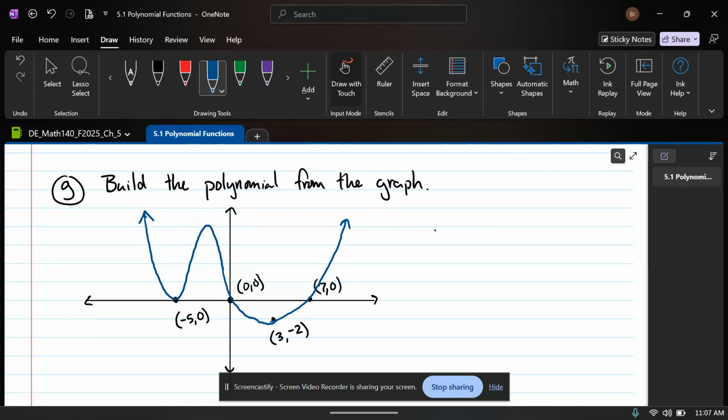What would be the least degree of that? 2. Even. It's even because why? It touches. So we know that the factor that goes with -5 has a squared on it. So I'm going to start there. My polynomial, the factor that goes with -5 is going to be x what? Plus 5. And it's squared because it is touching the x-axis.